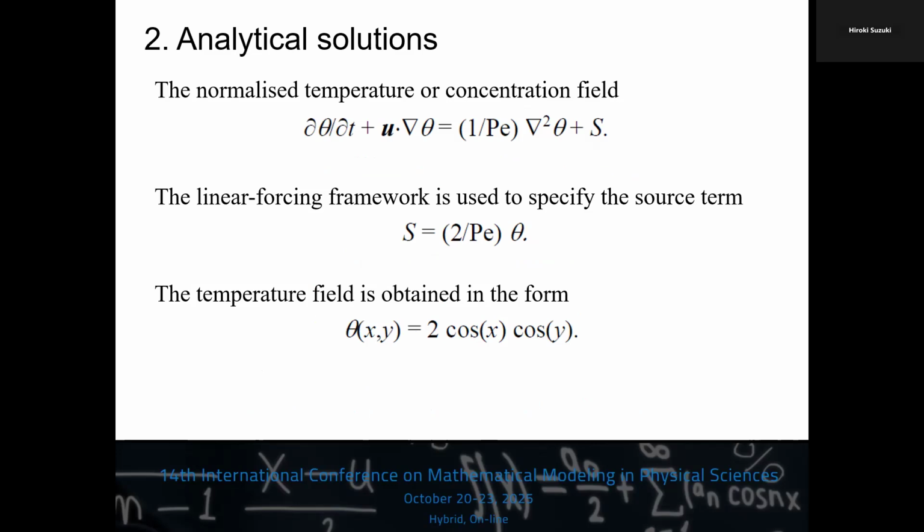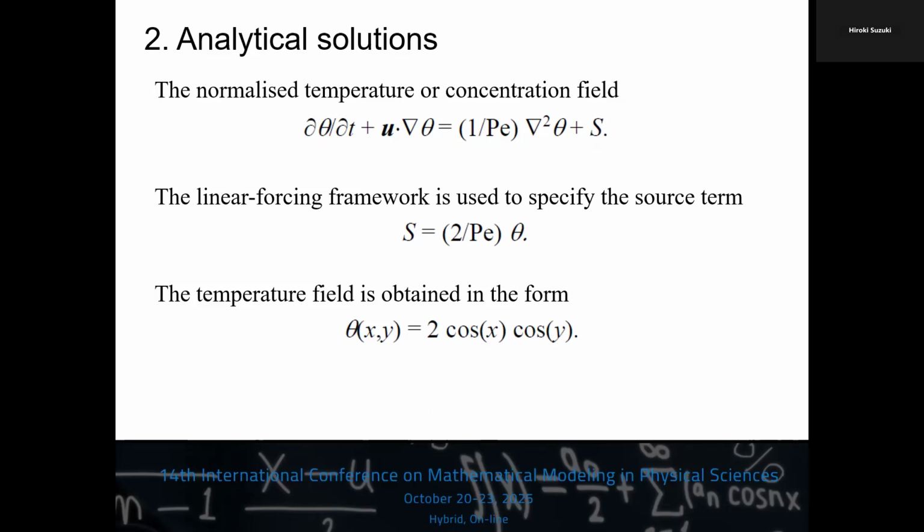In a given flow, the normalized temperature or concentration field generally satisfies the advection diffusion equation as follows. Here, Pe denotes the Peclet number.